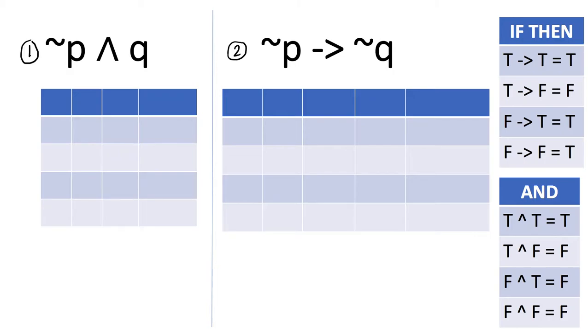So remember that anytime you're working with a compound statement that has a P and a Q, you're going to begin with a P column that has two trues and two false values, and a Q column that alternates between true and false.